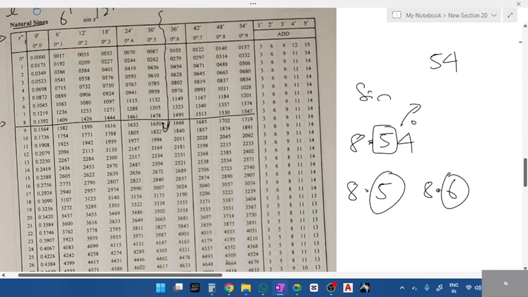Fine. Convert in terms of minutes. Take 54 degrees, convert in terms of minutes. Multiply into 60.